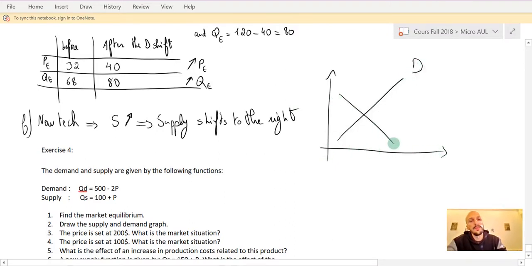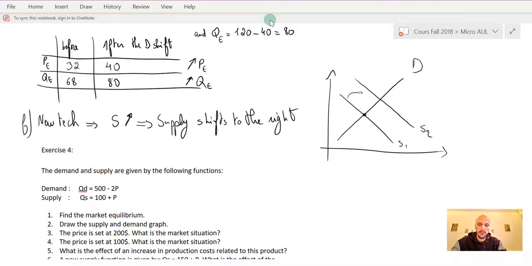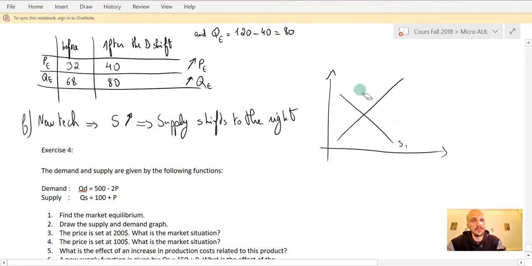For example, if we have the demand here and we have the initial supply S1, by shifting the supply to the right to S2, you will also see that, sorry, the demand قلبت لكم اياه هون. So خلينا ندغري على السريع لأنه conclusion منطقية. Here we have the demand, مش supply, and we have the supply here, and if the supply shifts to the right from S1 to S2, we will be having the following: a decrease in the price at equilibrium.